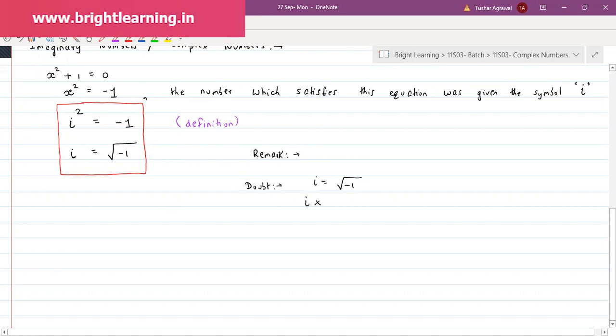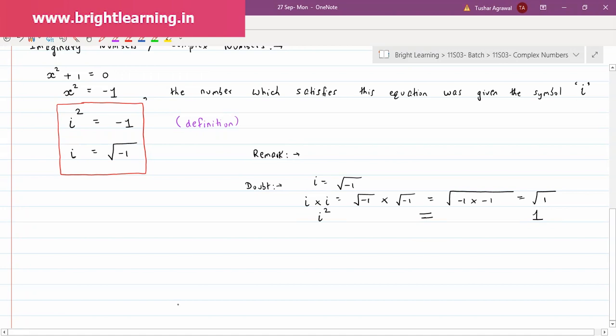So i multiplied by i will be what, sir? Under root -1 multiplied by under root -1. So this will be equal to under root of (-1) into (-1), which is under root 1. And what is under root 1? Under root 1 is equal to 1. And this is i square. So i square should turn out to be equal to 1.